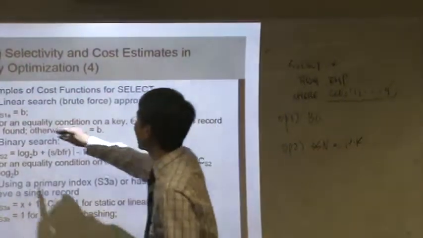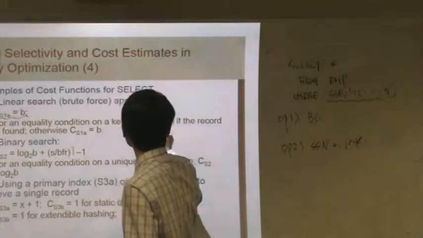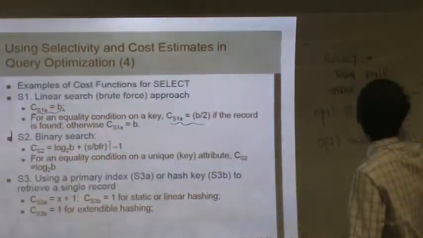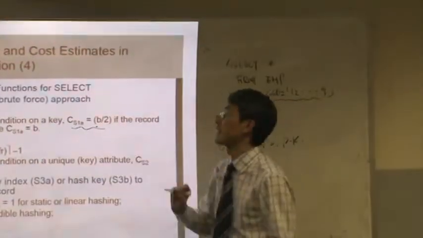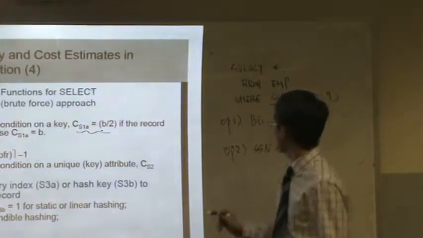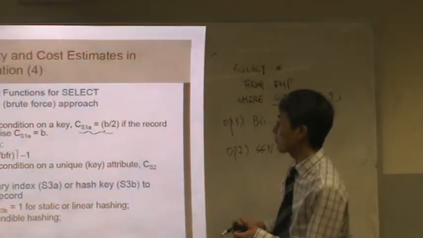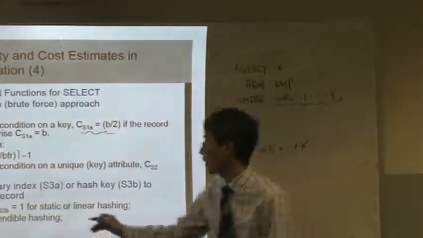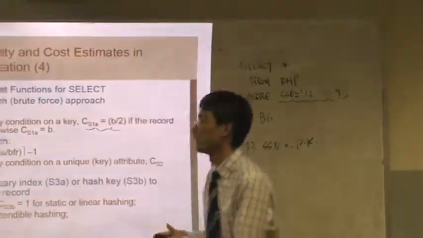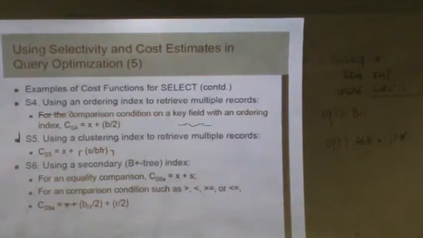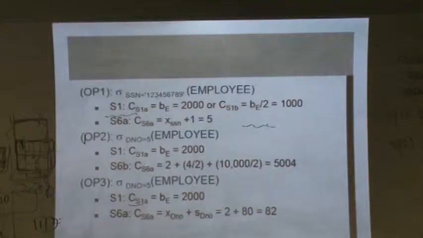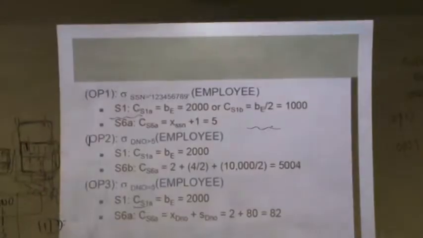In this case, it's equality, so we can consider this option. Then this one is the primary index, so we can consider this x plus 1. So there are two options.